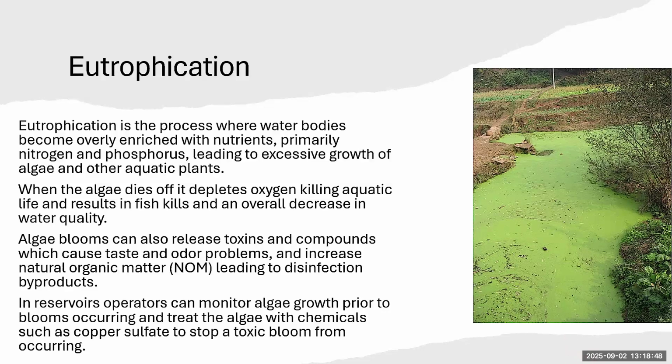And then when they die off, they can release these toxins. If a system has a reservoir and they start to see algae growth starting up, they can treat that with things like copper sulfate, which should hopefully stop or reduce the toxic bloom.